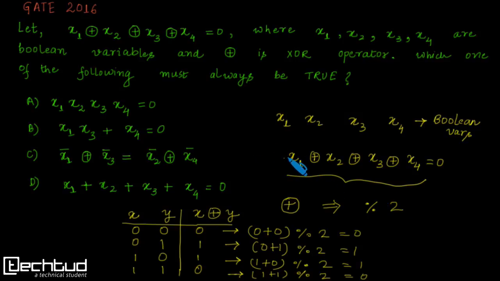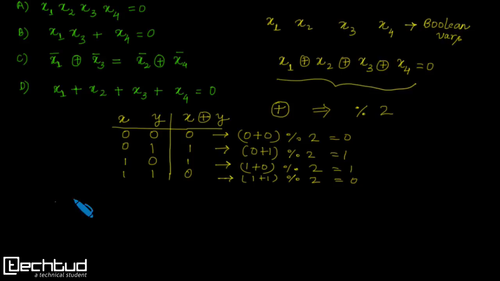We are given that by XORing each of the Boolean variables x1, x2, x3 and x4, we are getting 0. So what are the possible values that x1, x2, x3 and x4 can have? If this equation holds true, there will be case 1 when all are 0. By that I mean each one of x1, x2, x3 and x4 holds the value 0; in that case this equation will hold.